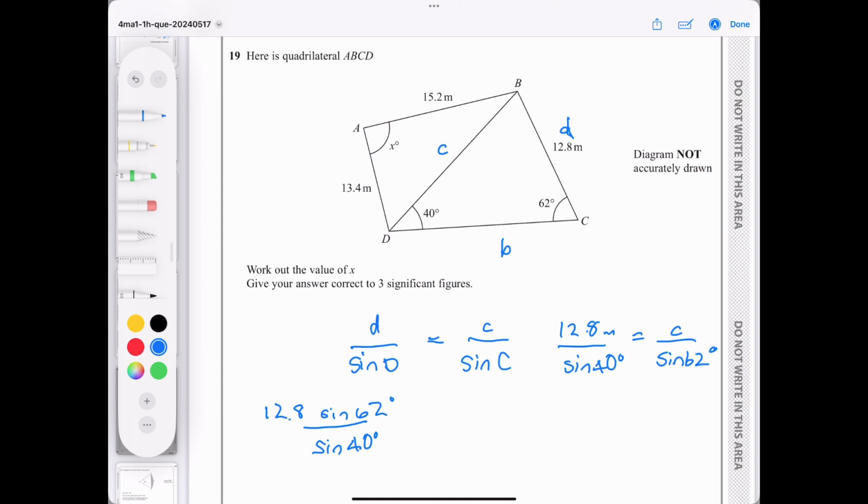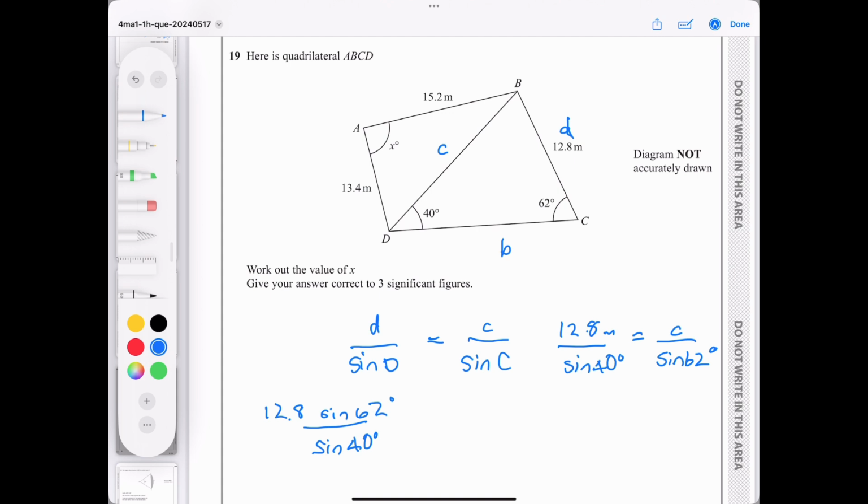So you need a calculator for this, because you can't do this in your head, can you? 12.8 times sine 62, equals, and then we'll just divide that by sine 40, equals.